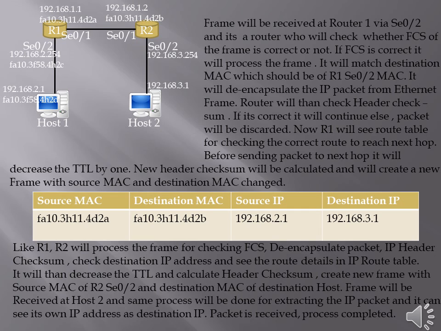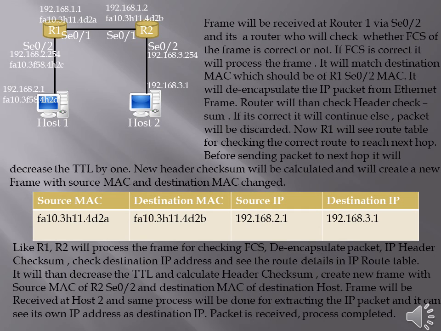Now R1 will see the route table for checking the correct route to the next hop. Before sending the packet to the next hop, it will decrease the TTL by 1. A new header checksum will be calculated and it will create a new frame with the source MAC and destination MAC changed.